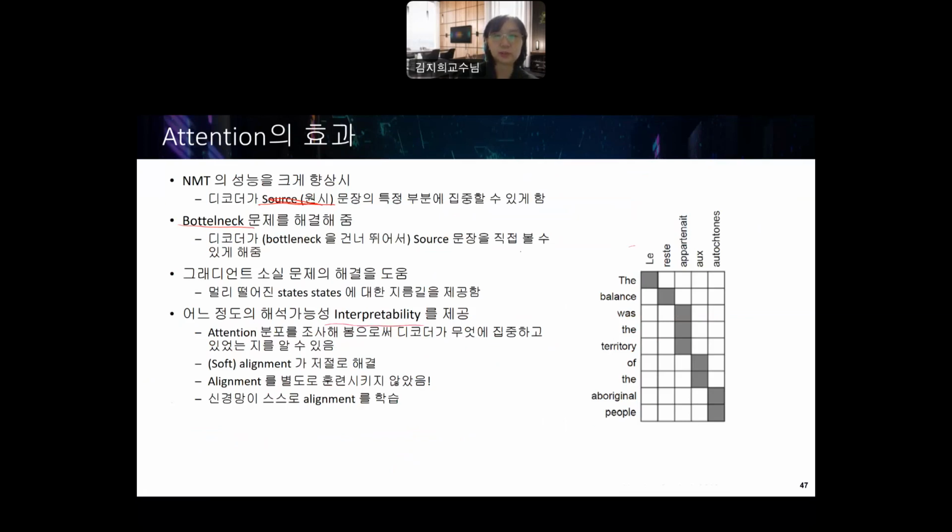If you look at the attention distribution, we can see which part is important for the current state in the decoding. And alignment is automatically created. We don't have to train this. The neural network automatically generates the alignment.